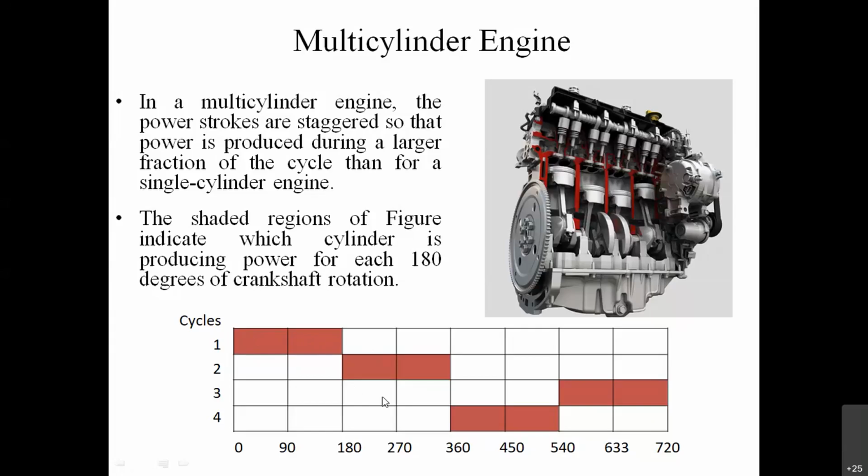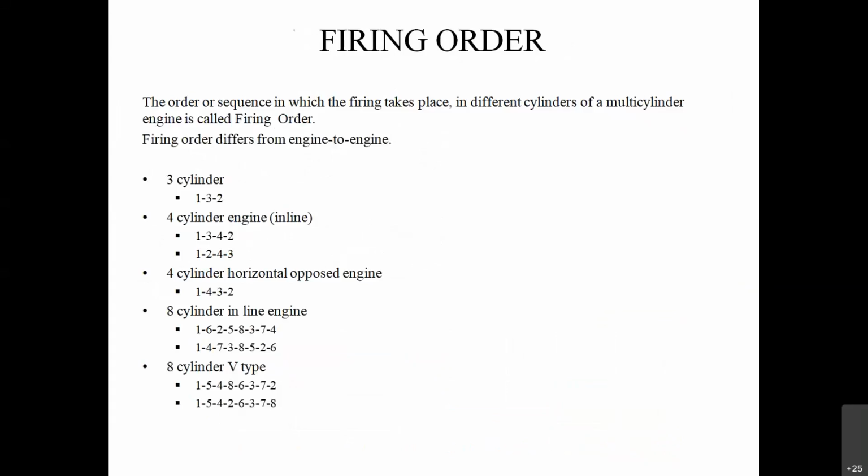This is how the power generating capability of the engine can be increased, and hence multi-cylinder engines are usually used to continuously generate and supply power to drive the vehicle. Is that clear?